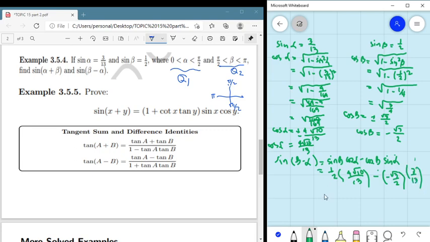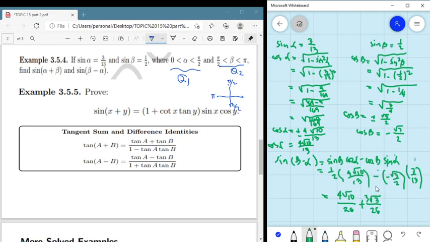So simplifying, it should be 4 square root of 10 over 26 plus 3 square root of 3 over 26.